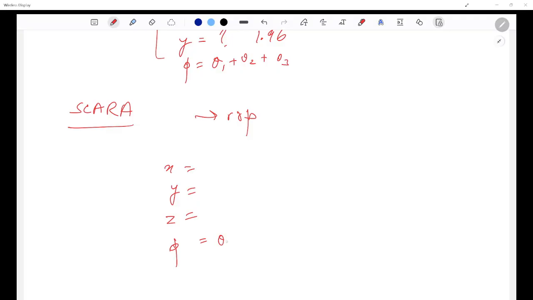Phi is just a combination of theta 1, so I think I should pull up a figure. I don't find it right now with me. Just a second.